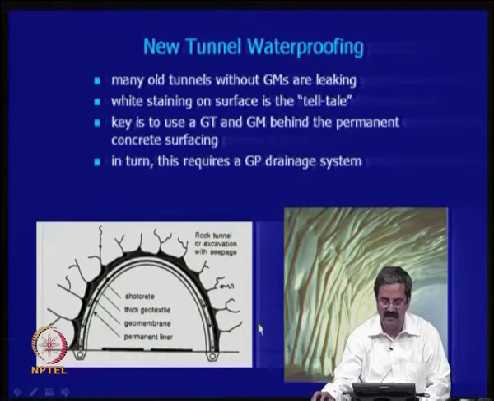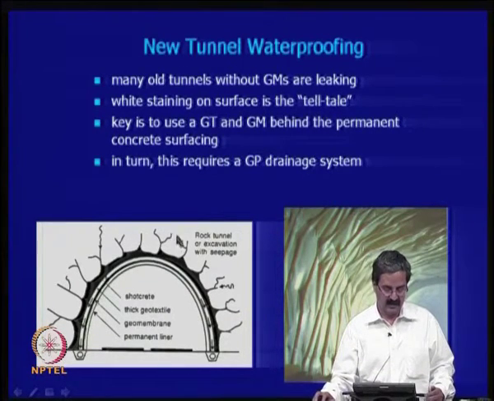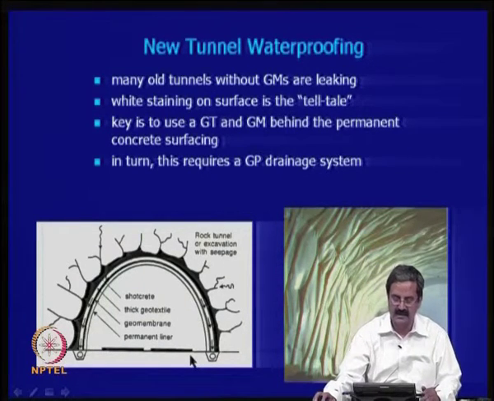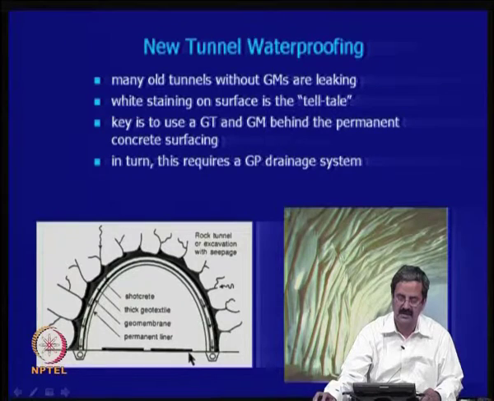So, you can have an arrangement like this, where you collect all the water. Whatever seepage water comes here, there is a geotextile provided. So, take all that water through this geotextile and also these sorts of drains, and do not allow this water to go onto this highway. For example, this could be a train track. So, one can see that such problems can be avoided using geomembranes.